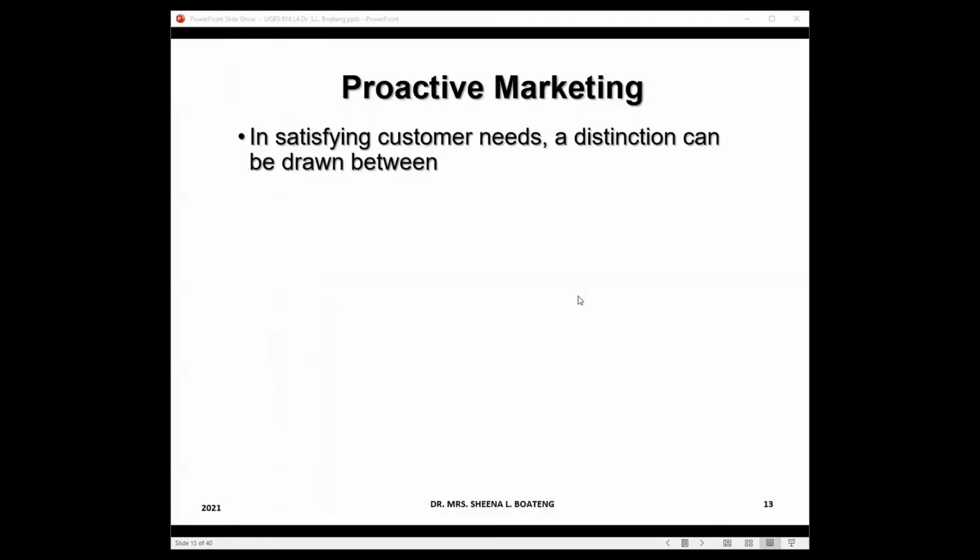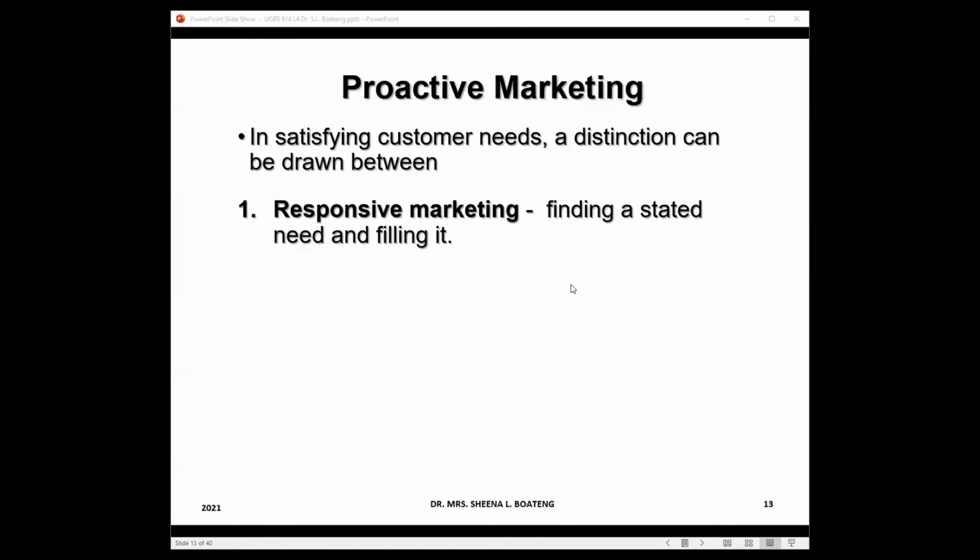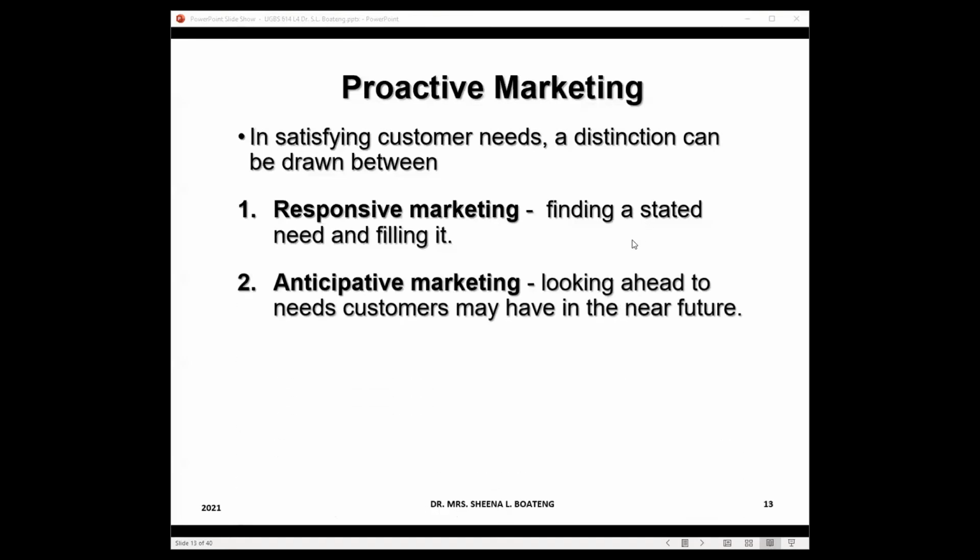Now, when we talk about proactive marketing techniques, we are talking about the fact that in satisfying customer needs, a distinction should be drawn between one, responsive marketing, which is where the firm finds a particular need that the customer has and develops a product or service to fill it. And then two, anticipative marketing, where the firm tries to look ahead into the future, thinking of possible needs that the customer may have in the future, and then designing a product or service to meet that need should it come up.